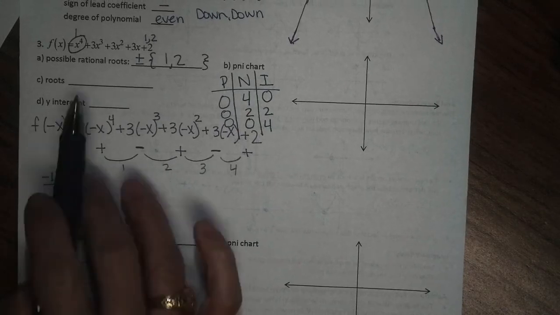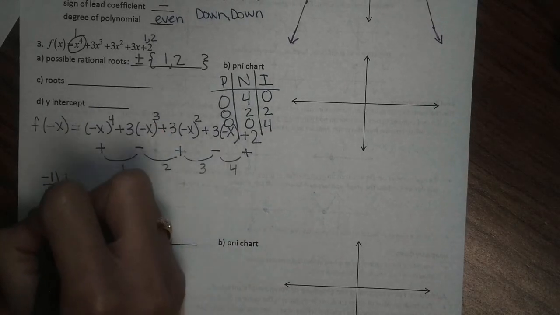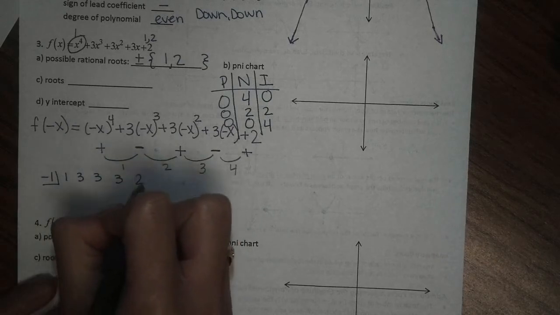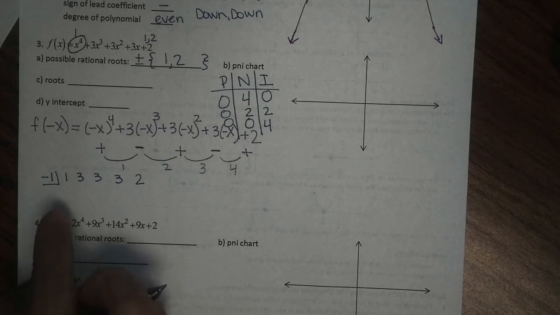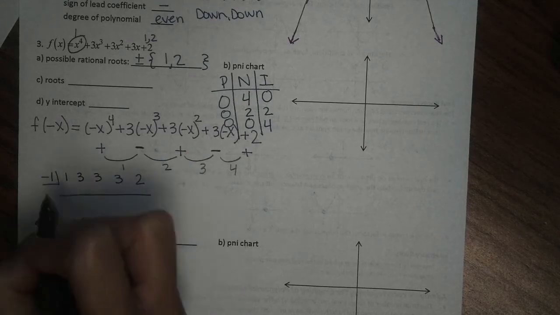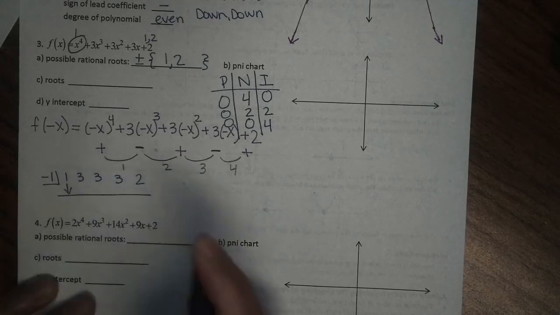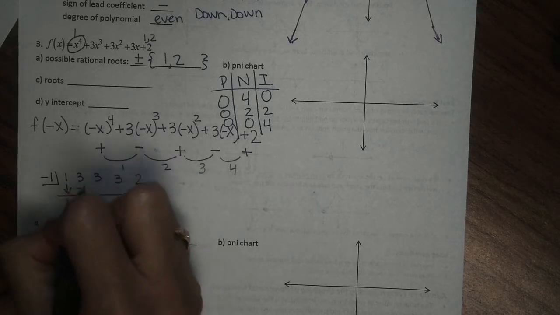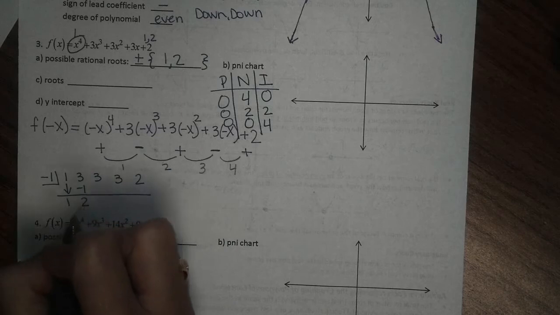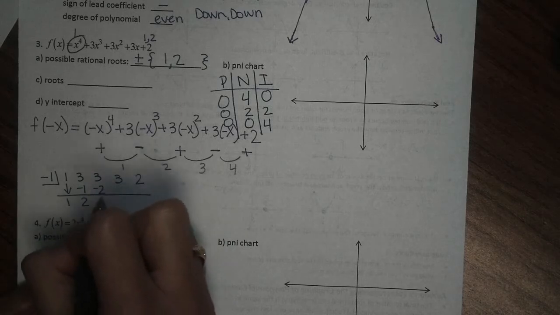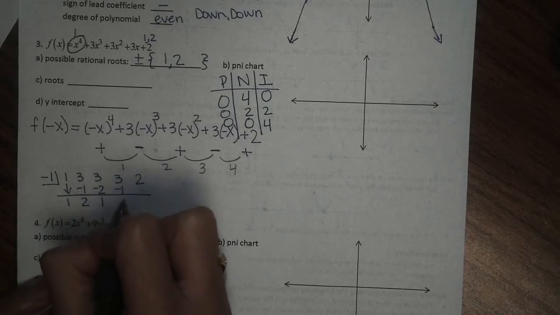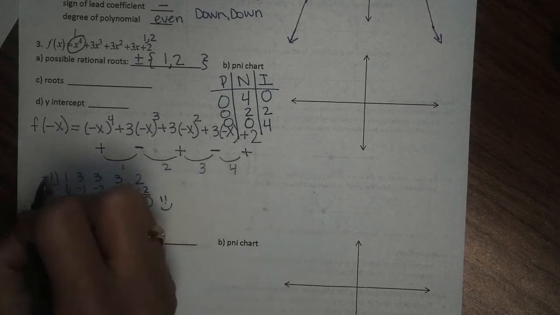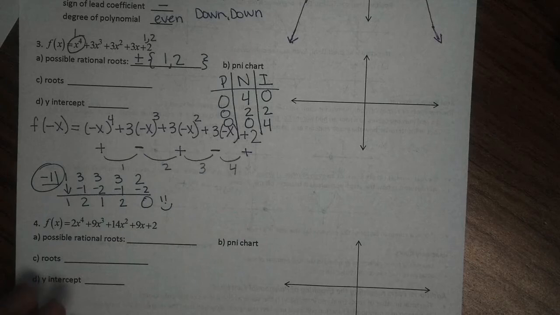Take the polynomial 1, 3, 3, 3, 2, and synthetically divide by negative 1. That's going to have to be a root. So let's do it. Negative 1, 2, negative 2, 0. So yes, negative 1 is a root.